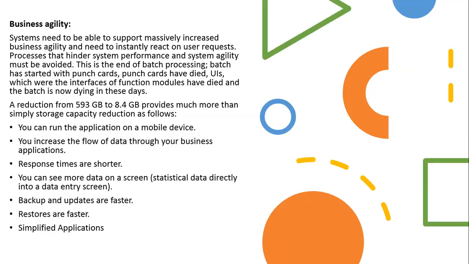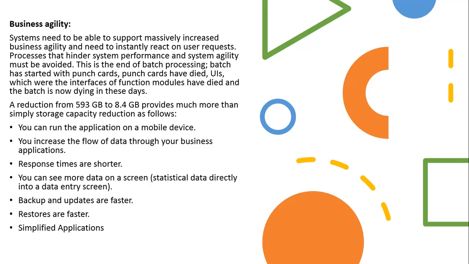Okay, we'll look at the business agility. The system needs to be able to support massive increases, support business agility and needs to instantly react to users' requests. They've been able to reduce, of course, the footprint from 593 GB to 8.4 GB. And these are basically improvements.